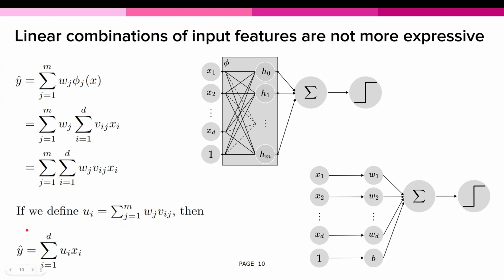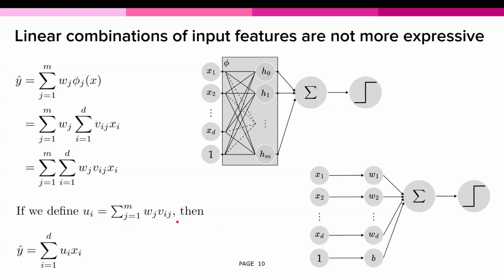And so in this case, the output y hat would simply be a linear combination of our original input features xi, given a new expression for ui.